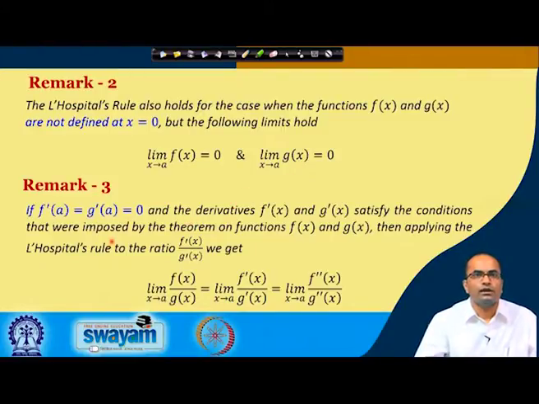Another remark. If we realize that the first derivatives are also 0 at a, and the derivatives f prime and g prime satisfy the conditions that were imposed earlier on functions f and g, mainly continuity and differentiability, then we can apply the L'Hopital rule again to this ratio f prime over g prime, because a similar situation is happening now for f prime and g prime, as they both are 0.